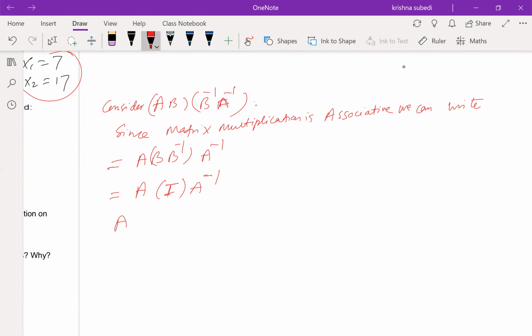Now A times I, when we multiply with the identity matrix, preserves the same matrix. So it will be A A inverse, and A A inverse is I. Therefore, we can say that AB inverse equals B inverse A inverse. Okay, proved.